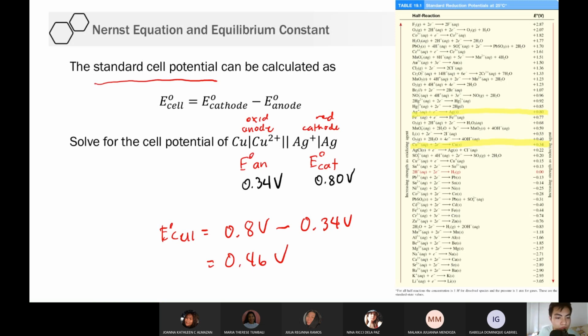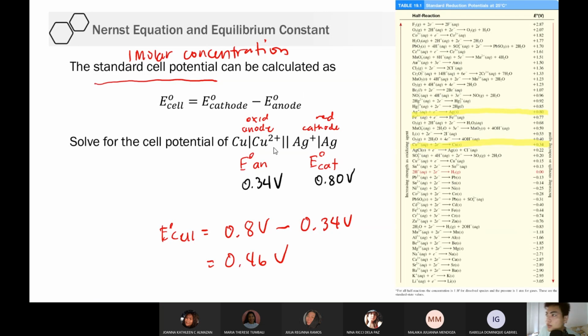So, ayan, that's how you solve for the cell potential for standard solution. So, when you say standard solution, the concentration ay 1 molar. Okay? So, yun yung standard solution. We are assuming that the concentrations are 1 molar.